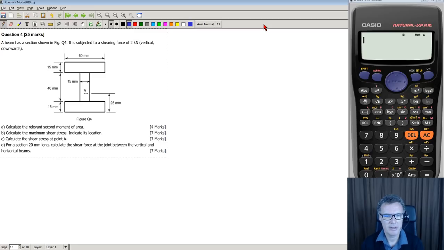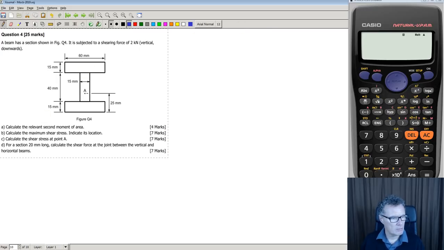We need to calculate the second moment of area, the maximum shear stress, indicate its location, calculate the shear stress at point A. For 20 millimeters long, calculate the shear force at the joint between the vertical and the horizontal beams.